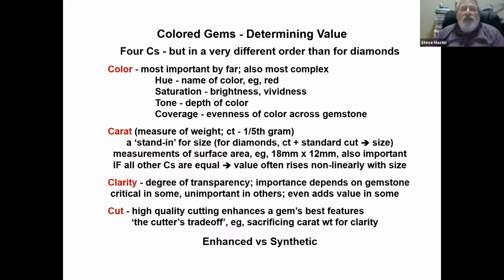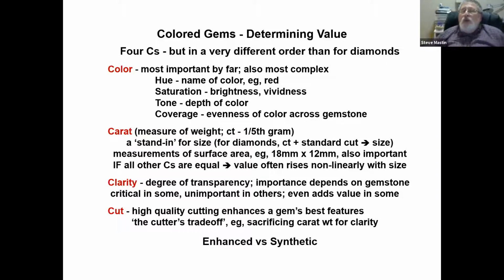And here we've got carat, the measure of weight. Now, carat in the case of colored gemstones is really a bad stand-in for size. Because in the case of diamonds, there's sort of a standard table where if you know that the diamond has a standard cut, like round brilliant, like in an engagement ring, and you know how much it weighs, you know exactly how big it is looking at it from the top, at what's called the table, the flat part at the top of the stone.